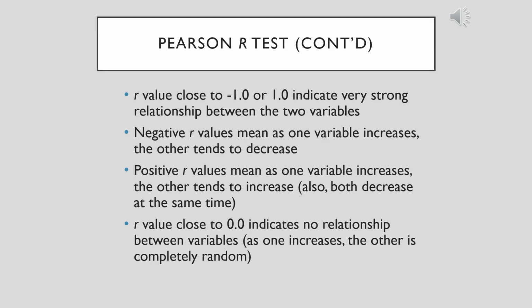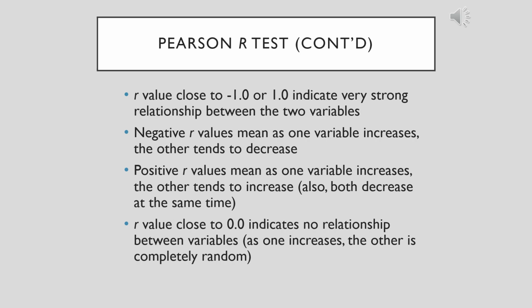So if you end up with an R value that's really close to -1, or an R value that's really close to +1, those are super strong relationships. -1.0 is the strongest negative relationship. +1.0 is the strongest possible positive relationship.